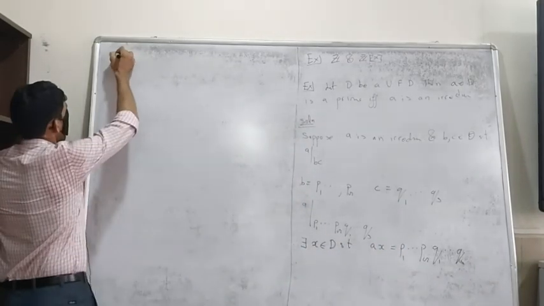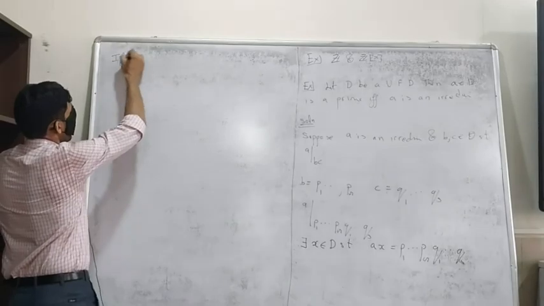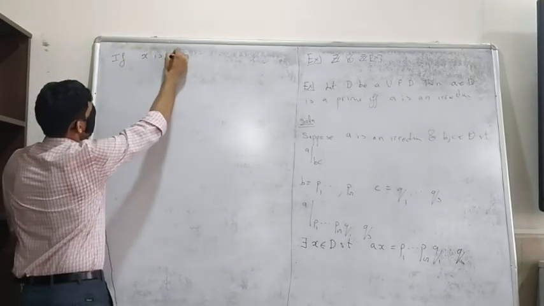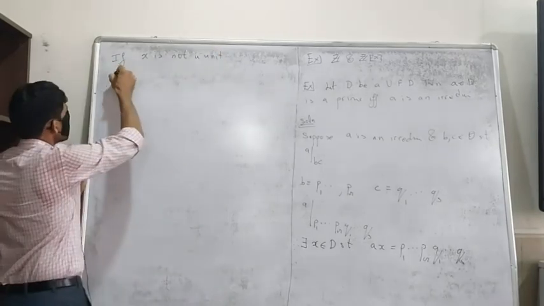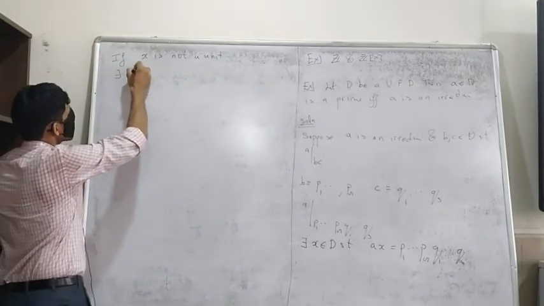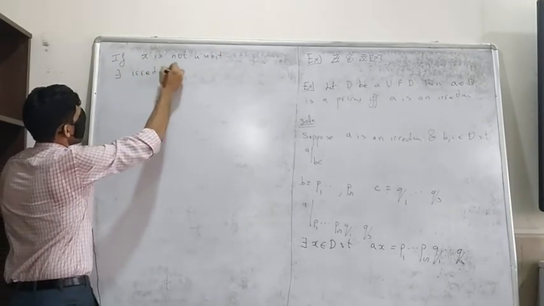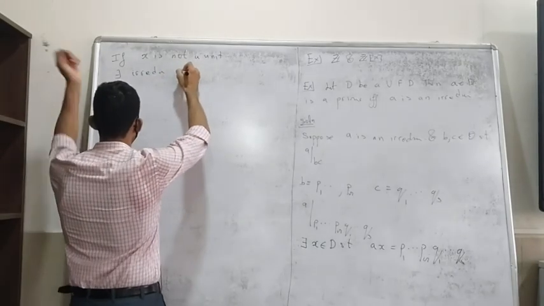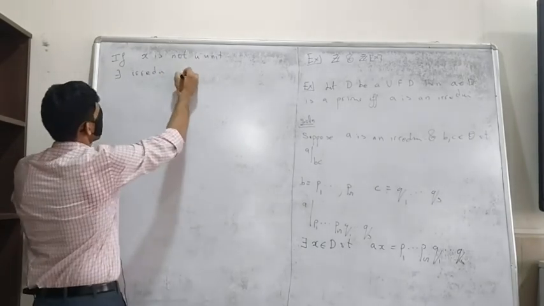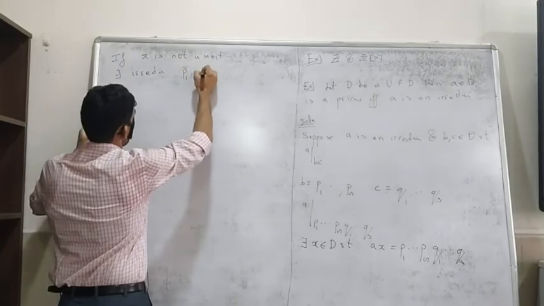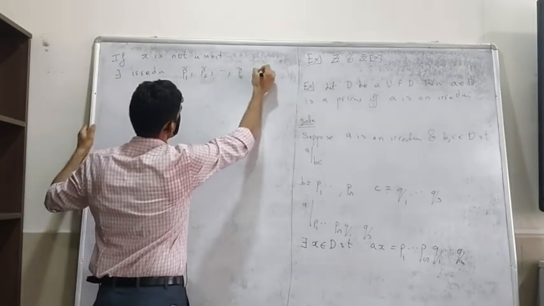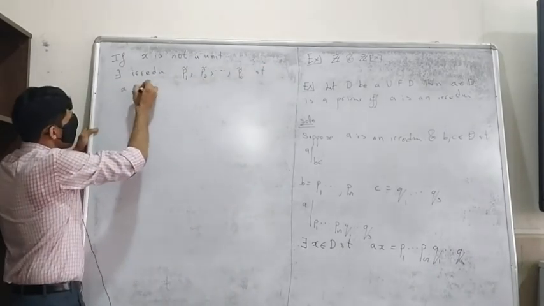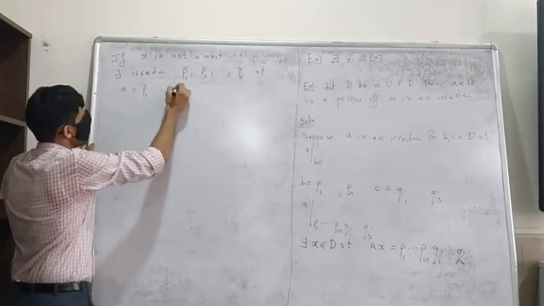So if X is not a unit, there exist irreducibles, say P1 tilde, P2 tilde up to Pt tilde, such that X can be written as P1 tilde up to Pt tilde.